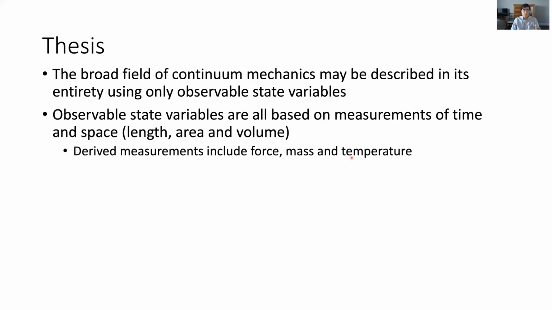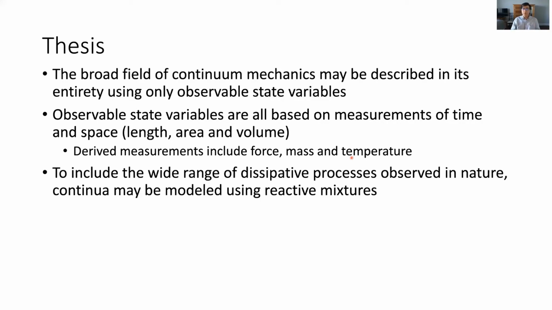And temperature, you look at the change in length of a column of mercury. So once again, temperature is a derived measurement. Or you could say the wavelength of infrared radiation from a heated body. Whatever it is, all of your fundamental variables are derived from length and time.